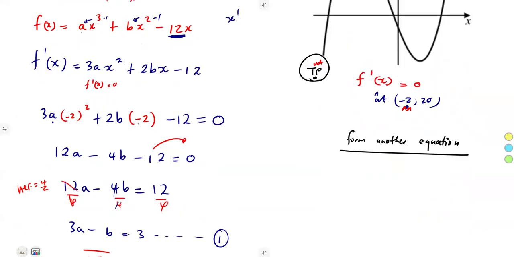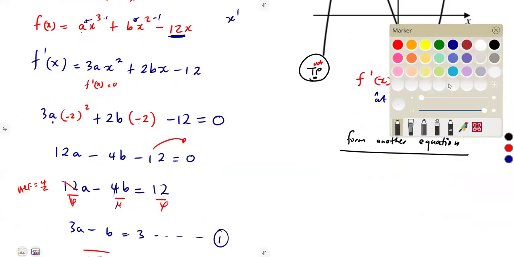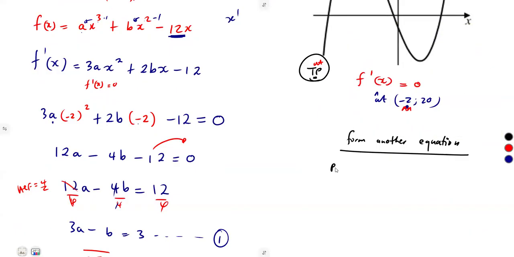That turning point that we are given, negative 2, 20, remember that. It lies on the graph, on our f of x. So if it lies on the graph, what am I writing here?